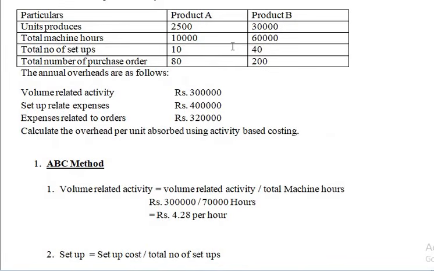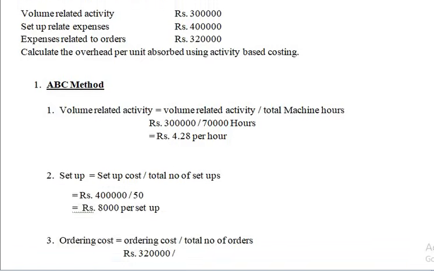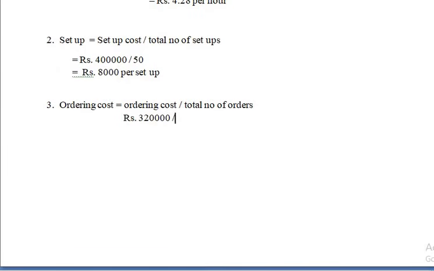The total number of purchase orders is 80 for A and 200 for B. So the total number of orders is 80 plus 200, 280. So rupees 3 lakh 20,000 divided by 280 gives per order rupees 1142.8. This is the ordering cost per order.